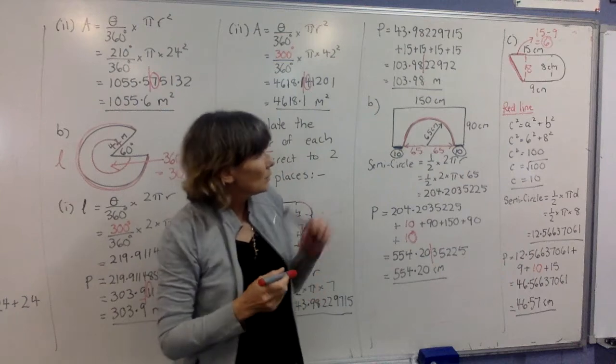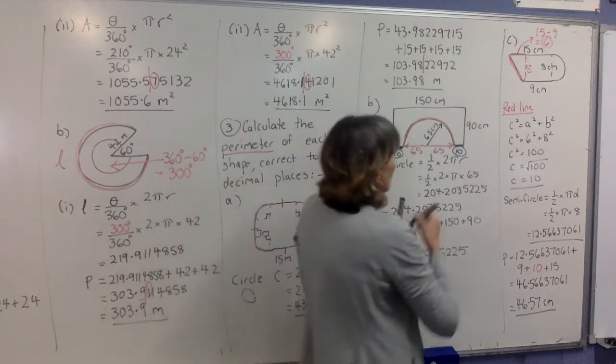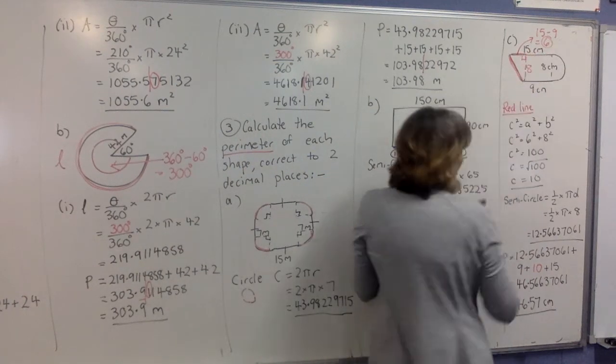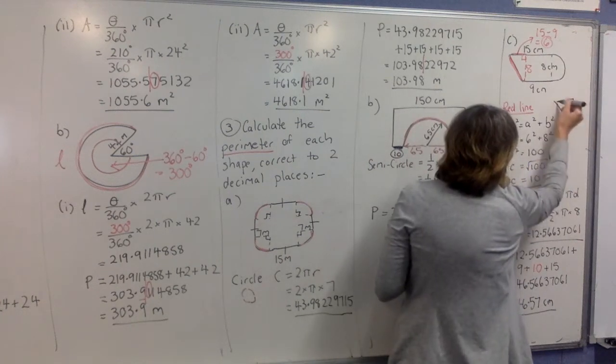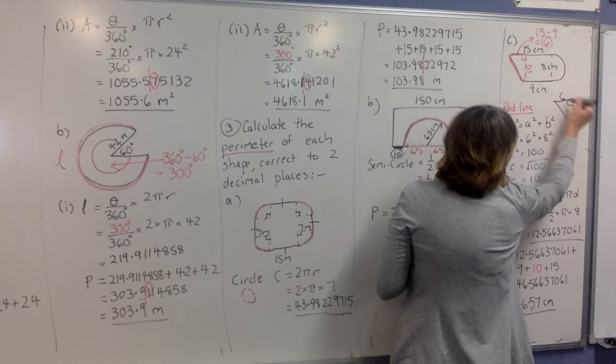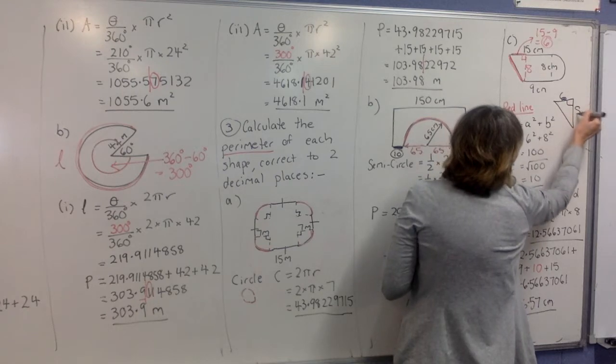Okay, so now we've got a little right-angled triangle that we've formed. Here it is. Now if you want to draw it again, you can. I can draw it over here. This is 6, that's 8.